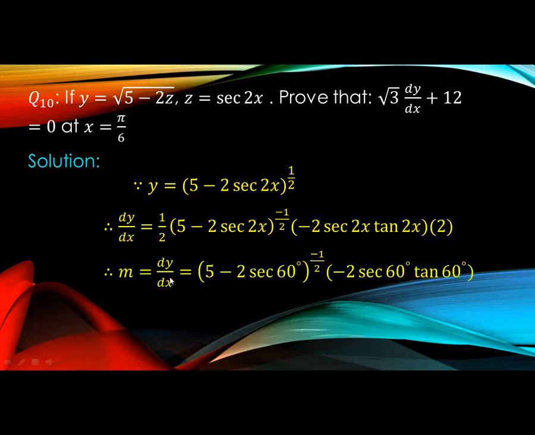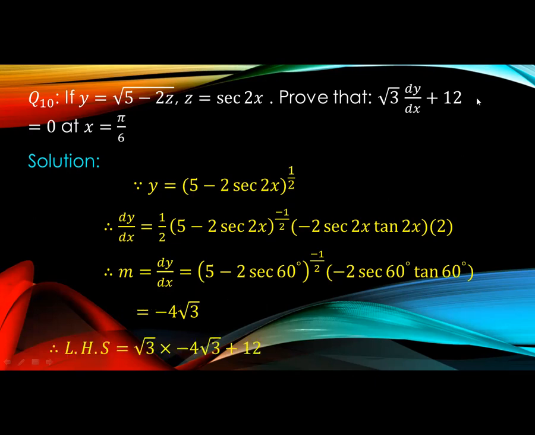So the slope m equals dy by dx equals (5 minus 2 sec 60 degrees) to the power negative half times negative 2 sec 60 tan 60 degrees. By using your scientific calculator, you can find the value of the slope, which equals negative 4 root 3.